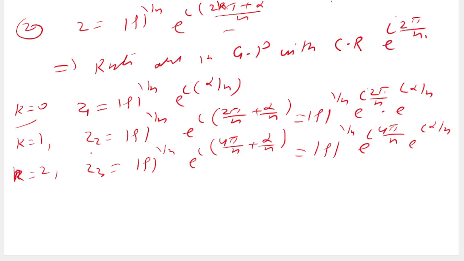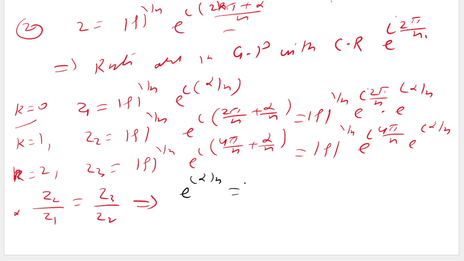So essentially, the roots z1, z2, z3 are in geometric progression. How do we know it is a geometric progression? The second root upon the first should be equal to the third upon the second, and that is the common ratio. So what is z2 by z1? The rho terms cancel out, and we get e to the power i 2 pi by n.